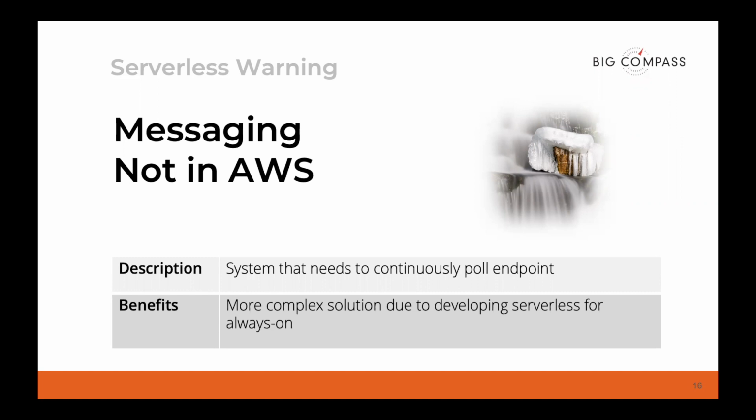And I wouldn't say that it's a bad solution. It's just that another tool might be better for the job because it might be able to maintain that open connection to whatever queuing system you're using, rather than putting that extra logic into an AWS Lambda to code for that always on solution.